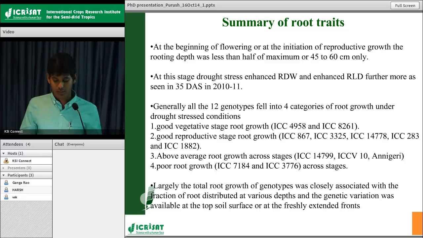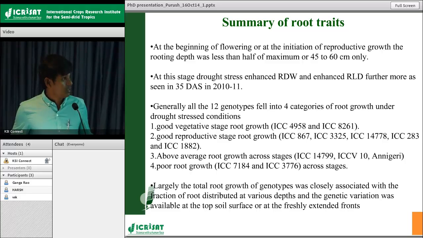Based on that, generally all the 12 genotypes fell into 4 major categories. The first is highly root producing genotypes at the vegetative stage, which have good vegetative stage root growth, and the highly drought tolerant lines ICC 867 and 14778 and the tolerant lines.